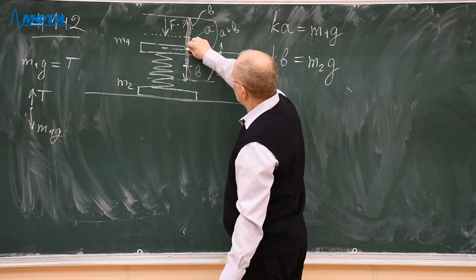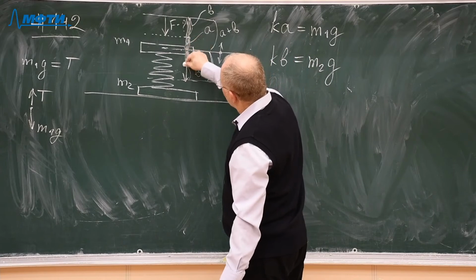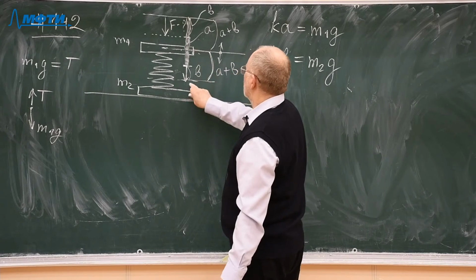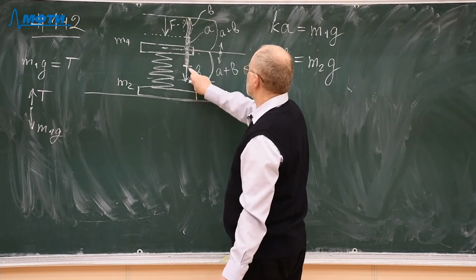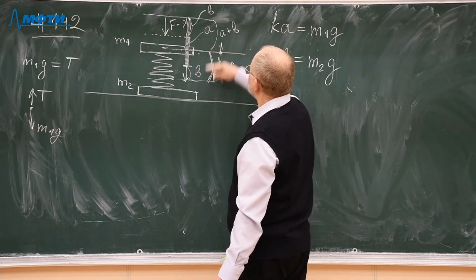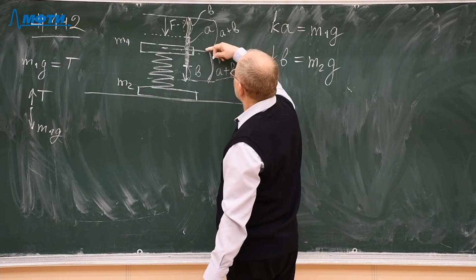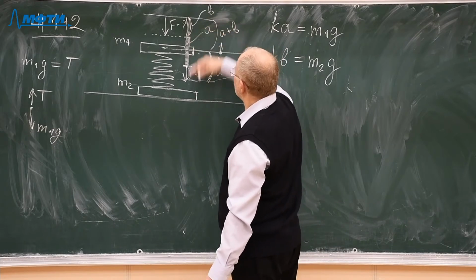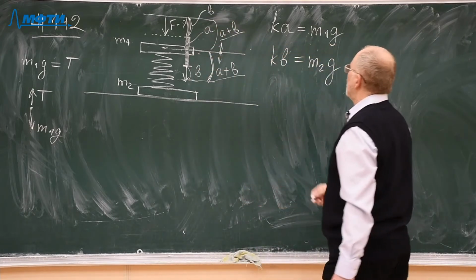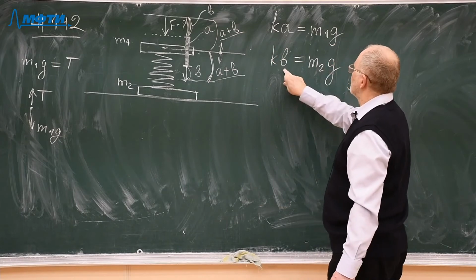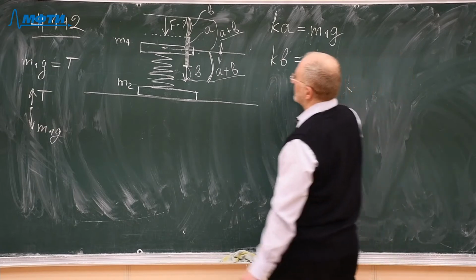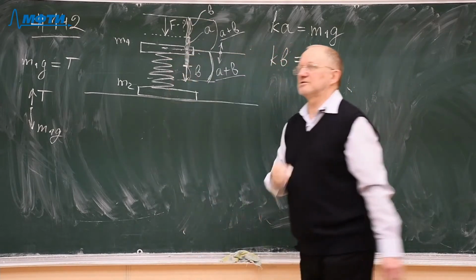That is why we have to move the upper plate to a larger distance, by additional distance b, so that the total displacement of the upper plate will be a plus b, and the displacement upward from the position of equilibrium will also be a plus b when the upper plate starts oscillating here. And this additional distance b should be related to the weight of the lower plate, so that the spring could lift the lower plate from the surface of the table.